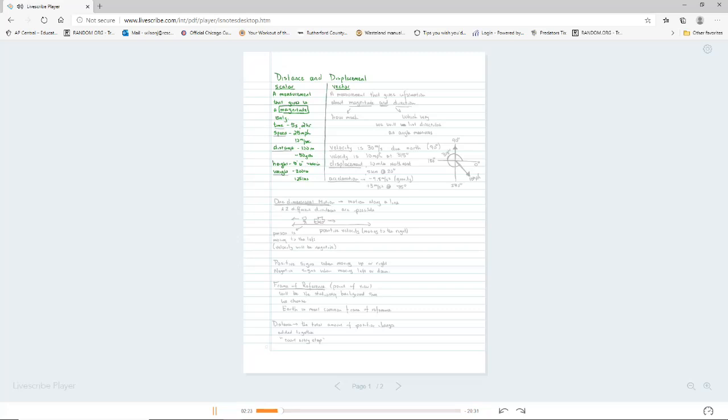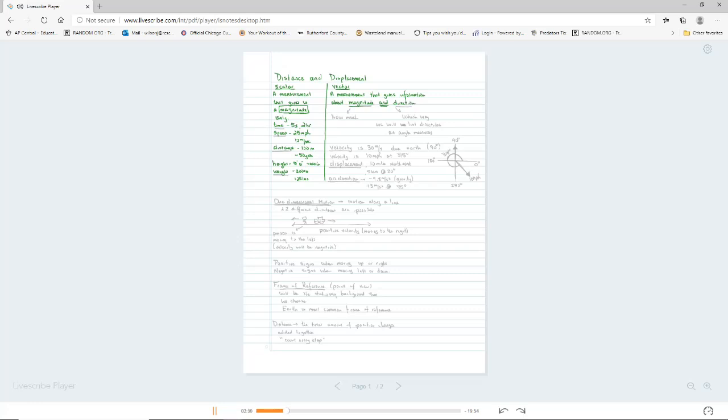On the other hand, a vector, which is a new quantity that we're going to use in physics, and we're going to be using it almost every day all year, is a quantity or a measurement that gives information about magnitude and direction.